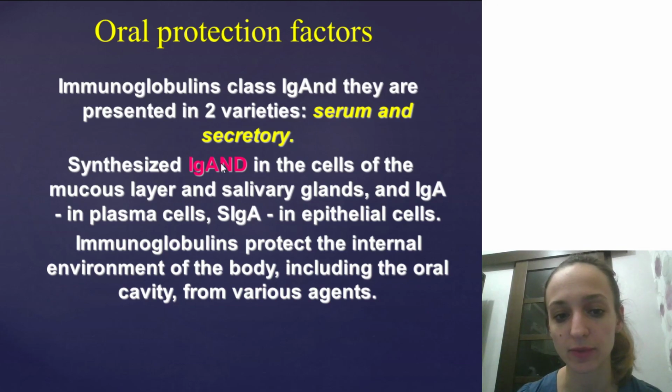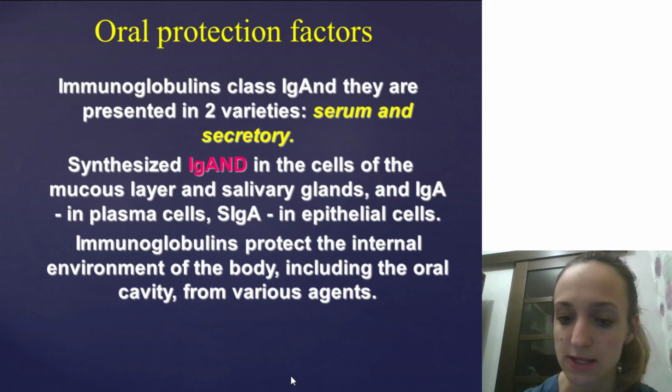Immunoglobulin A is synthesized in the cells of the mucous layer and salivary glands, and in plasma cells and epithelial cells. So immunoglobulins protect the internal environment of the body, including the oral cavity, from various agents.